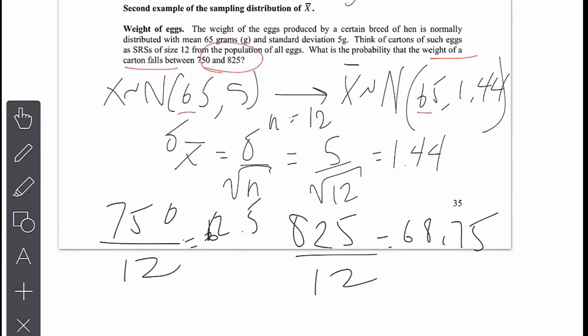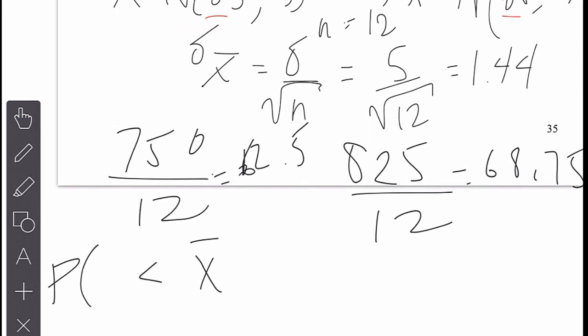Okay, so let's set up the problem. It's really a matter of setting up these word problems. We want to find the probability that x bar, remember, we're using the new distribution, is between 62.5 and 68.75.